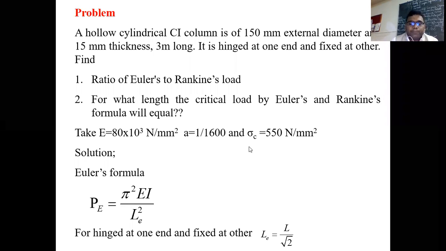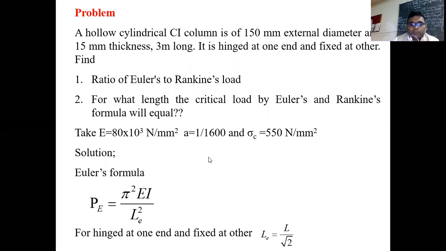This is also given. We know the Euler formula P is equal to pi square E I upon Le square. In the question, you see that it's hinged at one end and fixed at the other end. So here Le will be equal to L upon root 2. We have all discussed this condition.